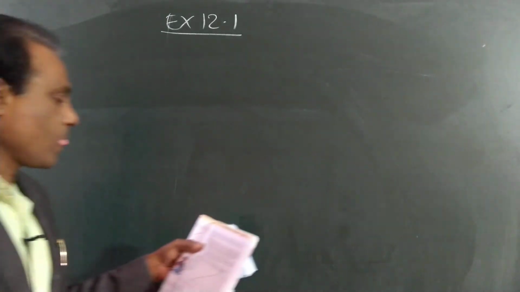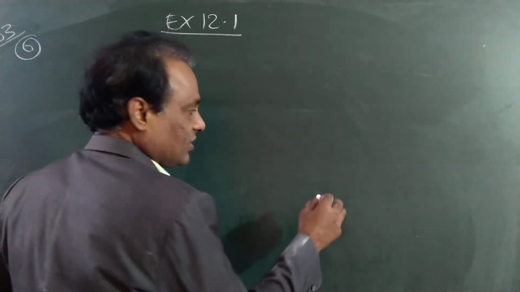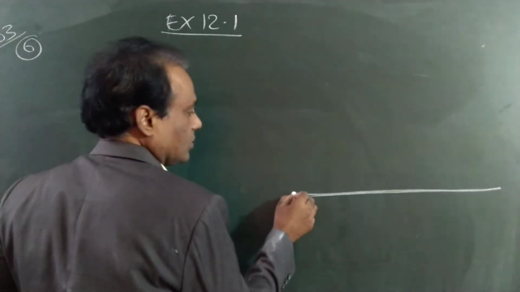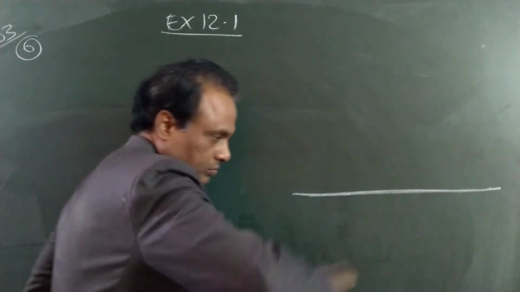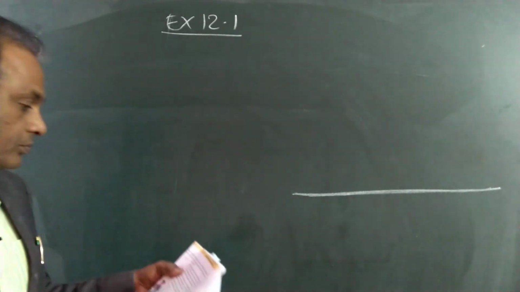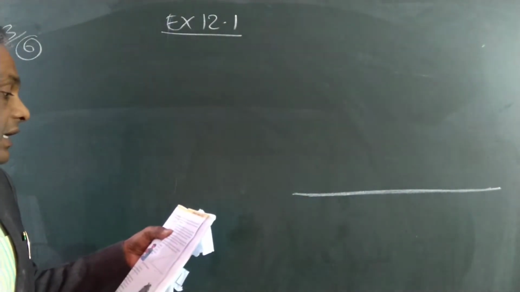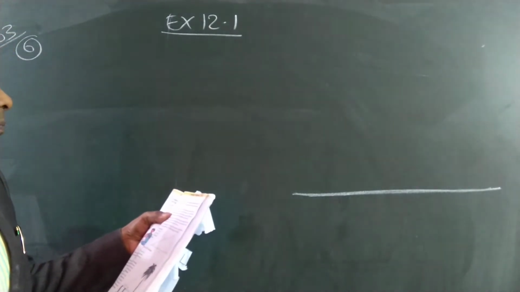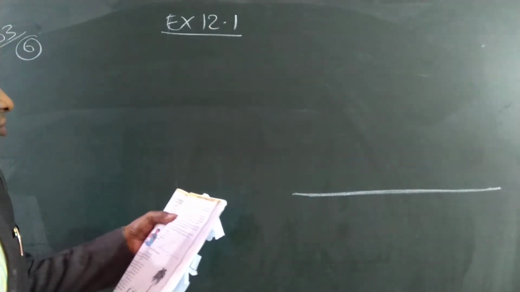See here. First, this is the ground. You are shooting an arrow from the top of a building at a height of 6 meters to a target.